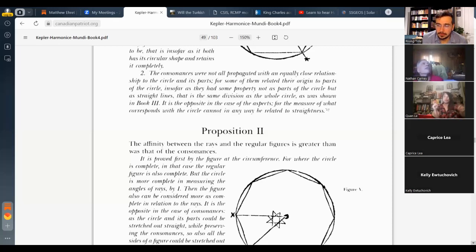Well, precisely what he said at the beginning of this book, okay? If you remember at the beginning of book 4, he was speaking of the fact that you have two pure objects of the mind, the circle and the lines.